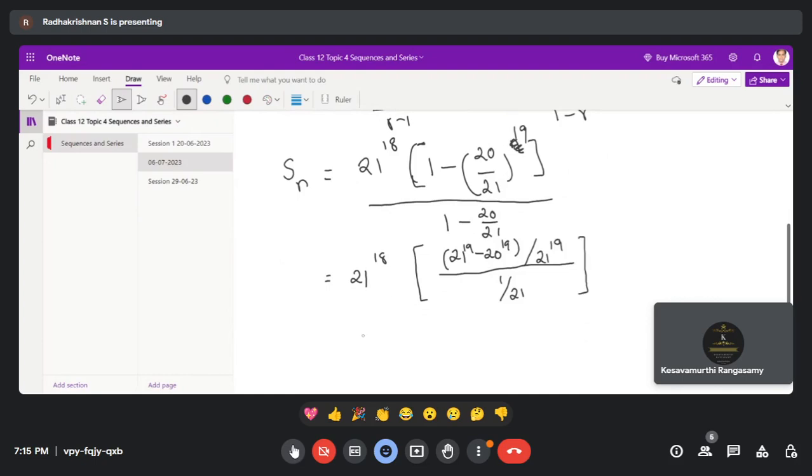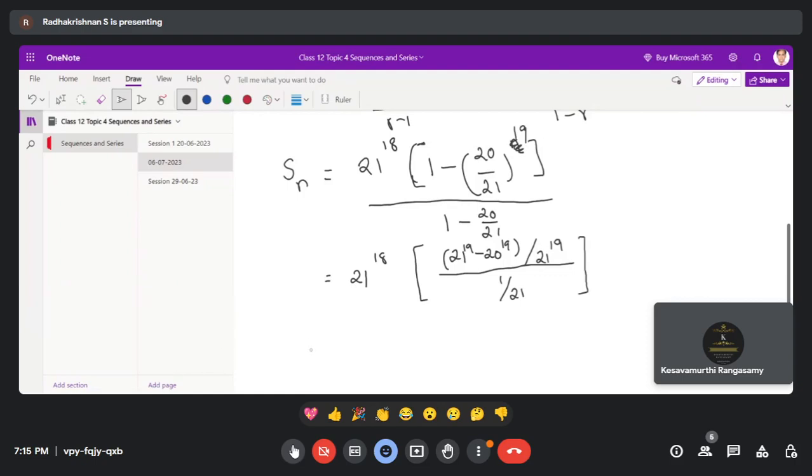Power 19, 20 to the power 19. Sana, if you have simplified, what are you getting? Can you repeat? 21 to the power of 19 minus 20 to the power of 19.